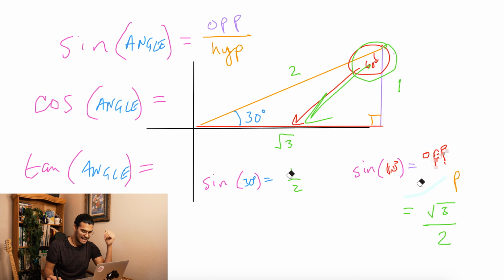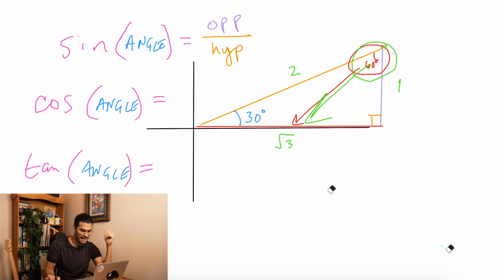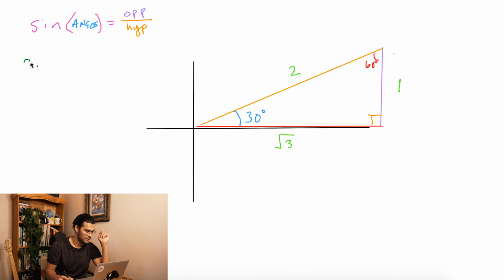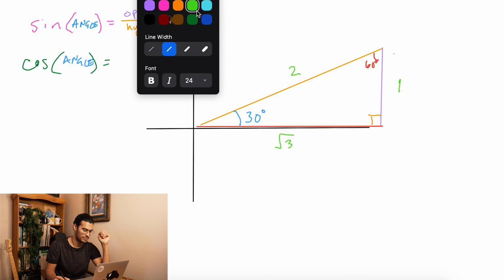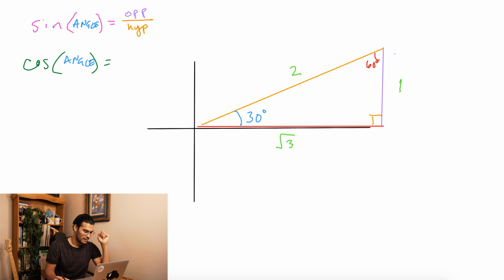Okay, so if sine is the opposite over hypotenuse, what is cosine? Let's use this color. Cosine of an angle, any trig function, we're still doing angle as our input. Angle is still our argument. Okay? So let's say again, we want to do cosine of 30 degrees.